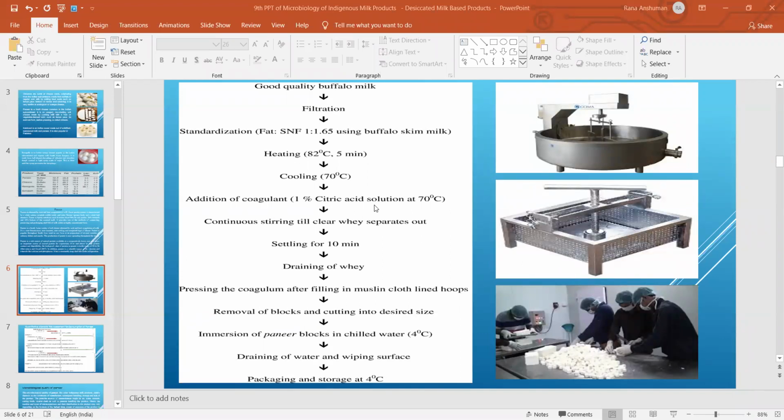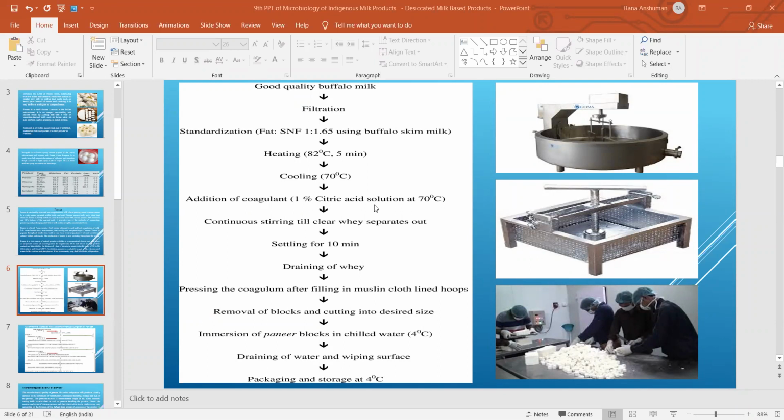Now continuous stirring till clear whey separates out. Thereafter settling for 10 minutes, drainage of whey. Thereafter you have to go for pressing the coagulum after filling the muslin cloth lined hoops. Then removal of blocks and cutting into desired shape.